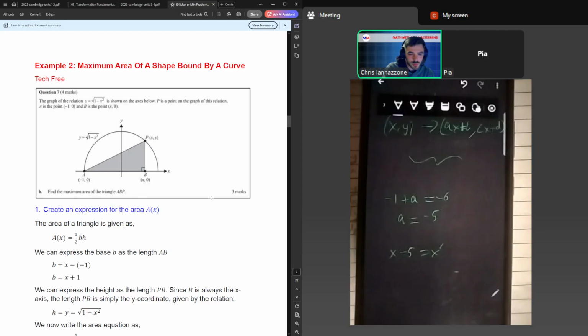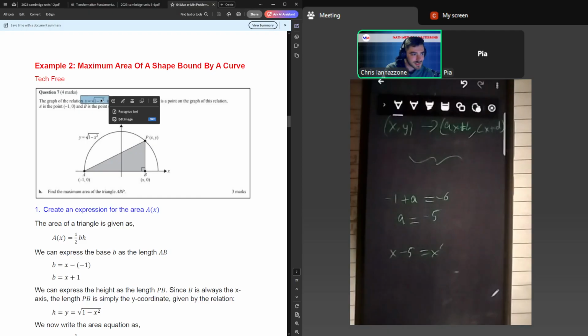But that's not super cool, because now you've got two unknowns again in your equation. And to graph it, you need to only have one. So we need to figure out a way to get y on its own. Or y in terms of x, sorry, I should say. That comes from the fact that this point exists on the semicircle, right?